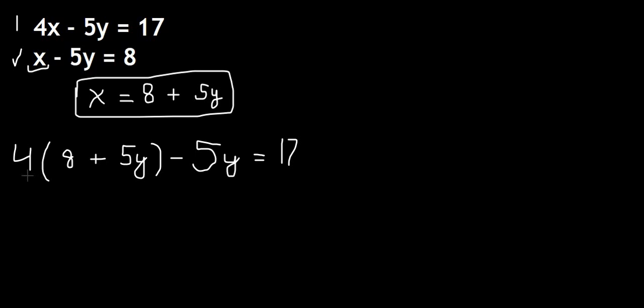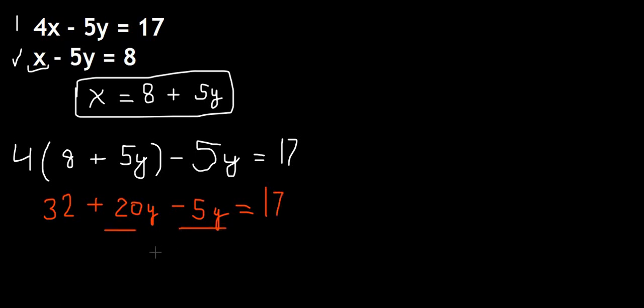Now 4 times 8 equals 32, and then plus 4 times 5 equals 20y, minus 5y equals 17. Now 20y minus 5y equals 15y. You write it like 15y, and then the 17 is the same, standing alone.